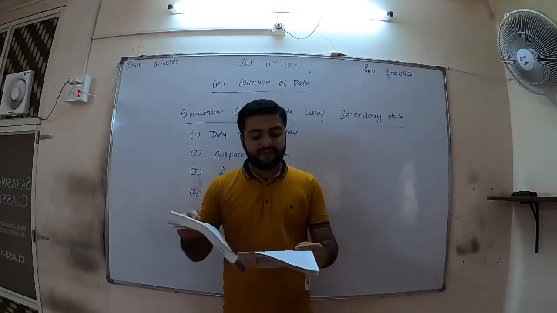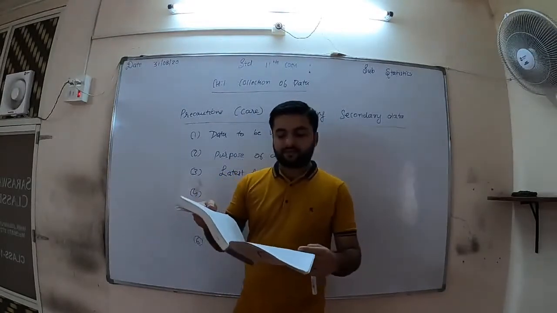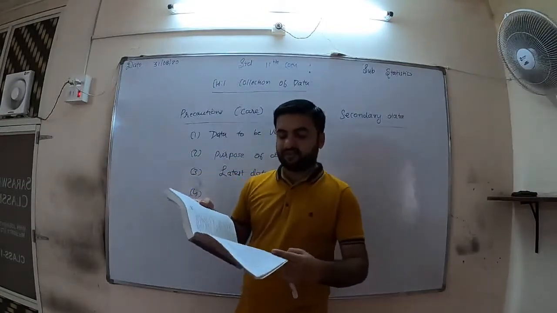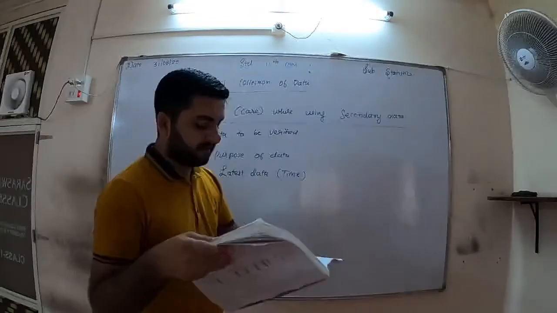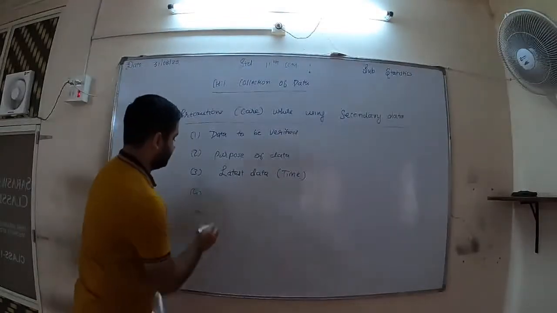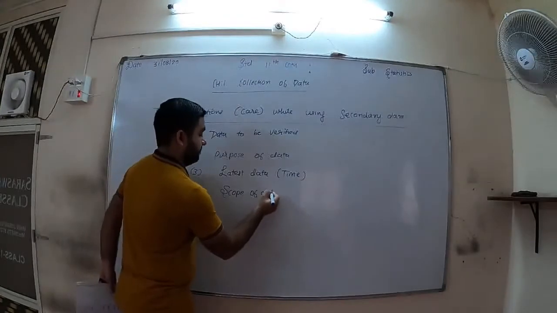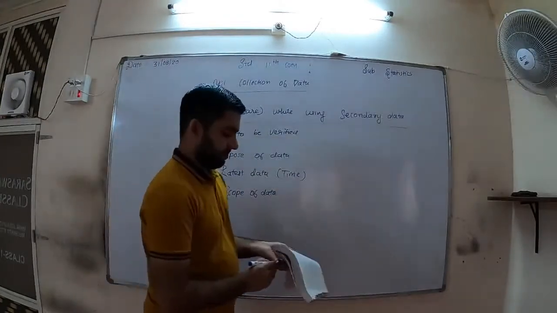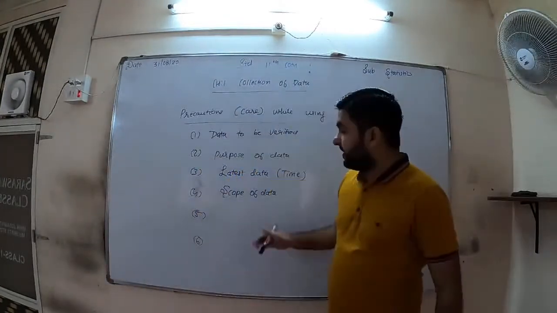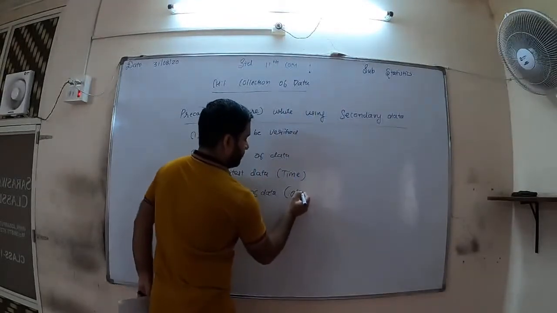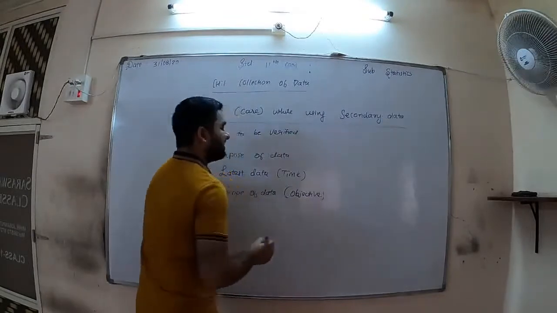Before using secondary data, the methods regarding the scope of data, the region for which the data are collected, and the definition of the terms used must be ascertained. Scope of the data, or we can say objective.